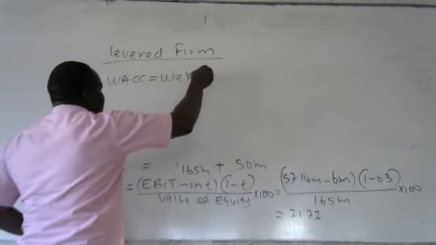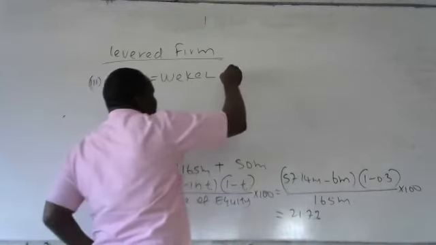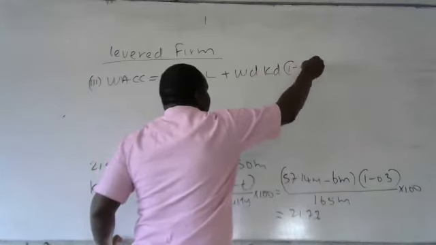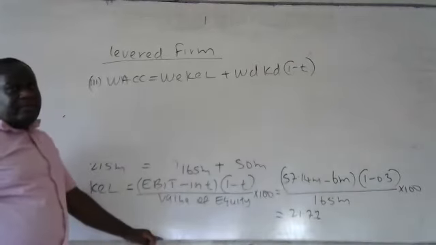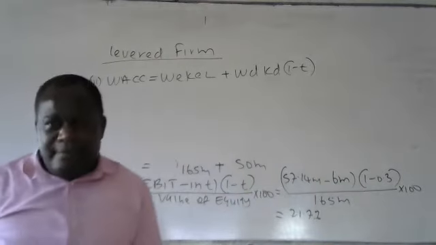Weight of equity, cost of equity for the levered. Weight of the debt. So Kd must always be after the tax.